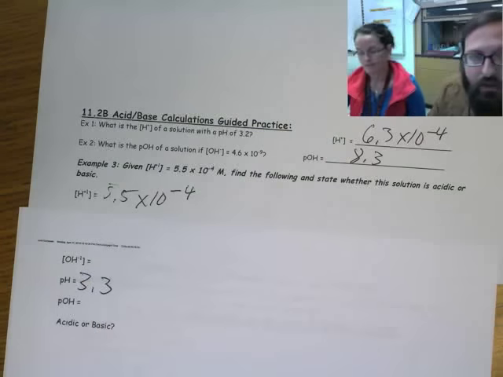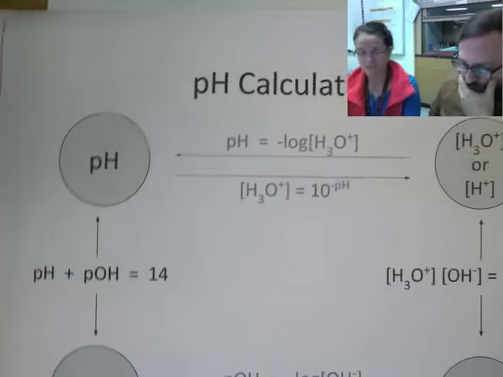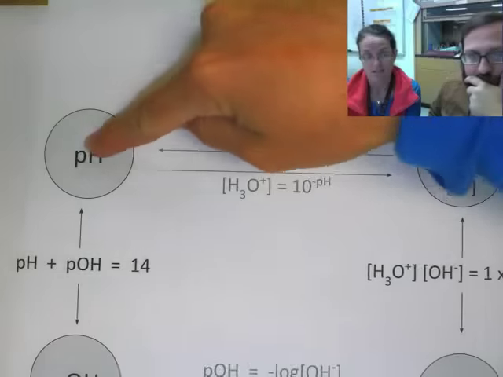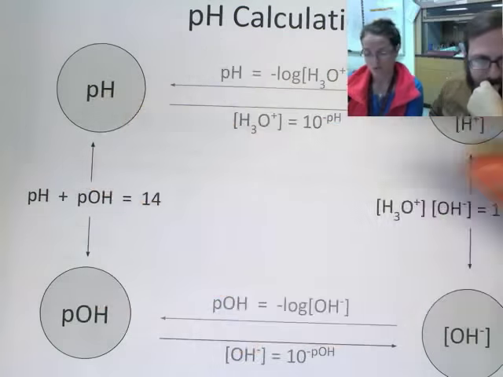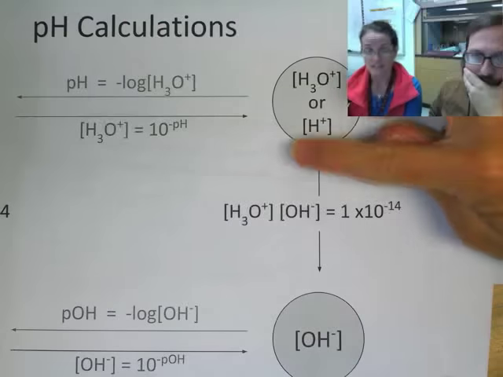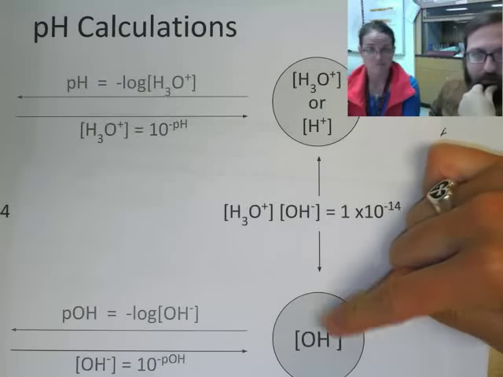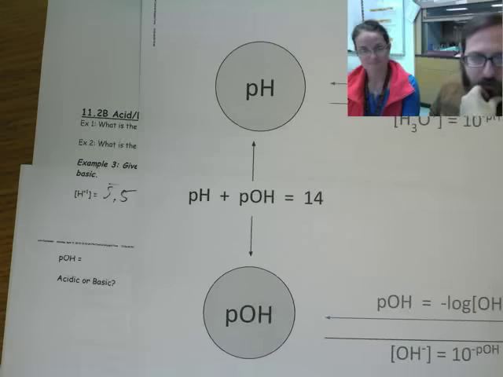All right. Now, here's the cool thing once we do this. We've got two circles that we know. So we can either go here and go down to figure out pOH, or we can go back over here and go down to find OH minus. I like the path on the left. It looks easier. I agree. Okay. pH plus pOH equals 14.